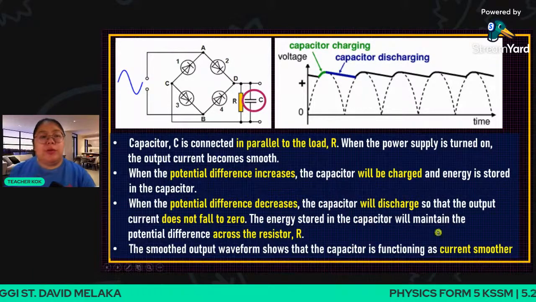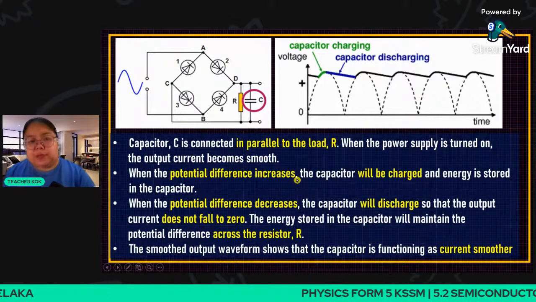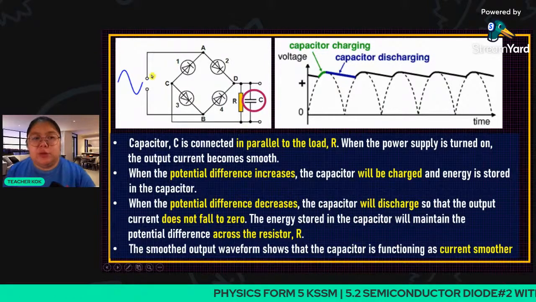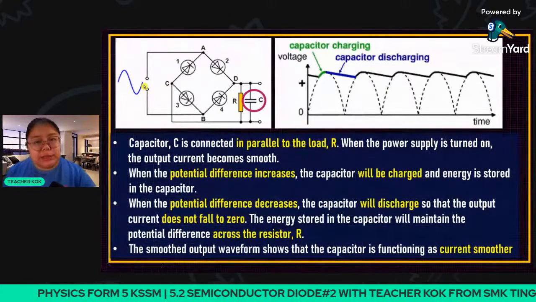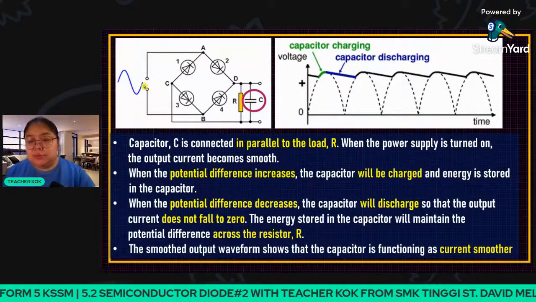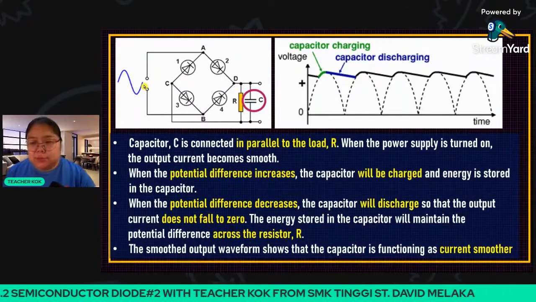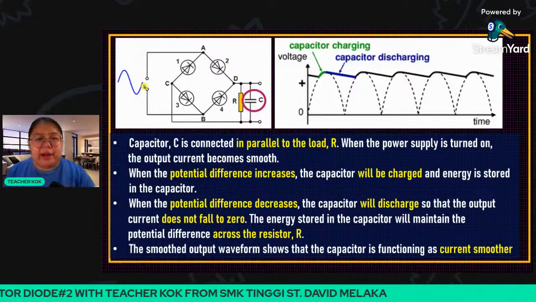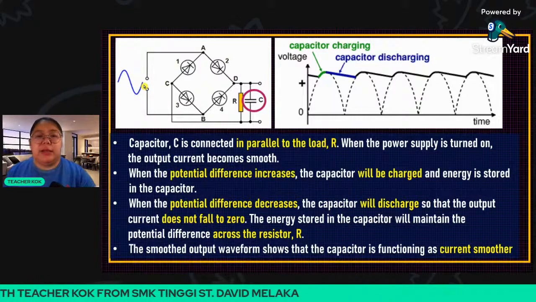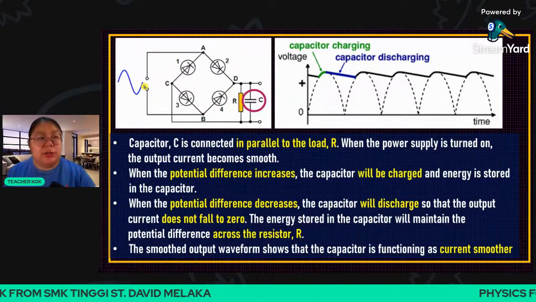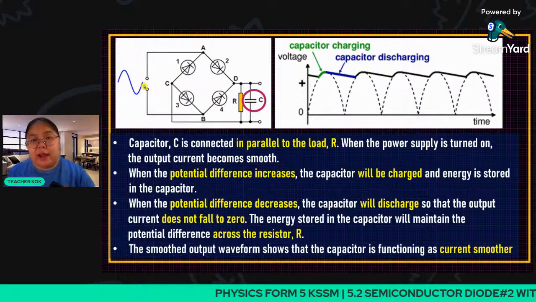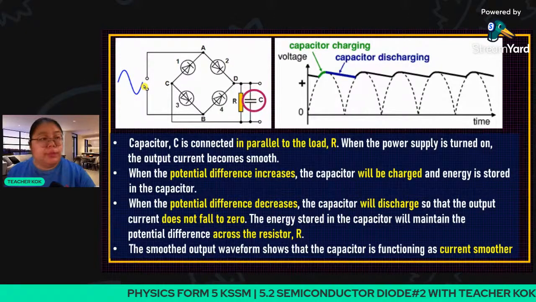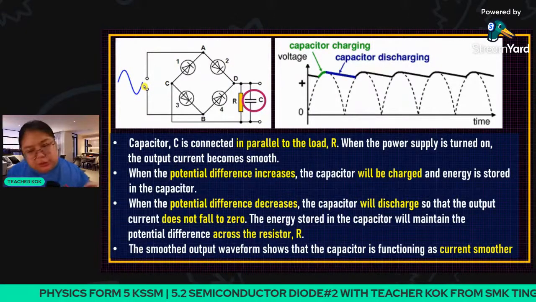So from here, there is one of the questions you asked. If I'm using direct current, can the capacitor function or not? Anybody here can answer me? We're going to wait for the students to answer.